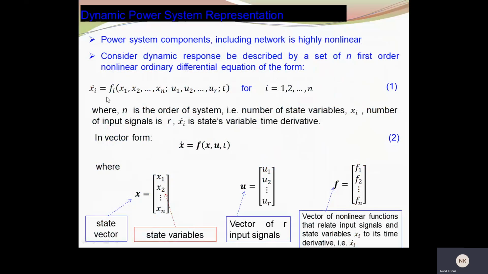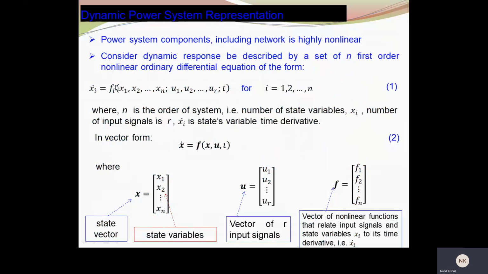So that means we can have several states here, which will be first order states defining the nonlinear behavior of the generators. Then it could be for exciters, that means the excitation system, or it may be for the governors, and so on.